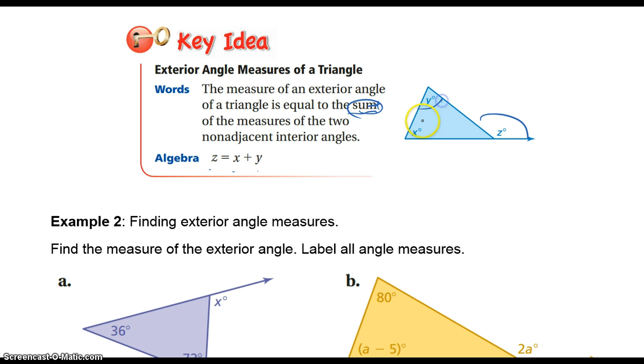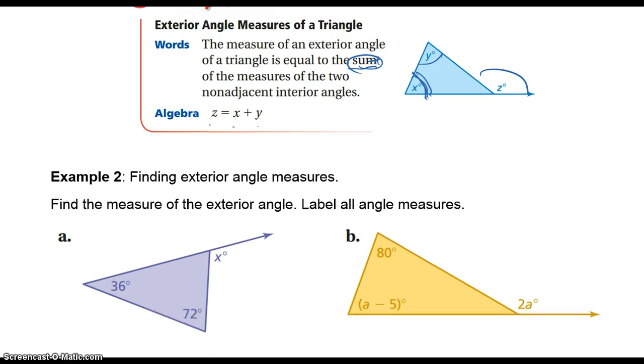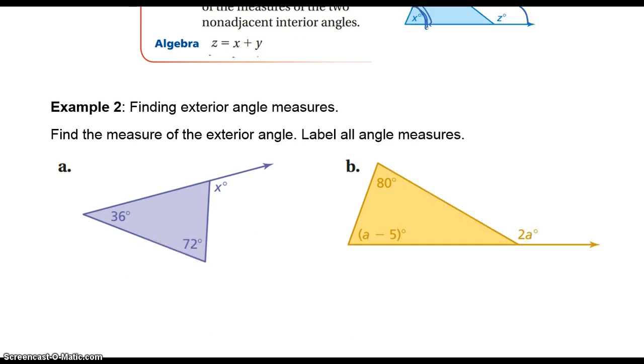So look at x and y right here. If I add those two angles up, that's equal to the same angle as Z. That has the same angle measure as Z. So the exterior angle is equal to the sum of x and y right there. Okay, so let's go through the examples and we'll see if that makes sense.